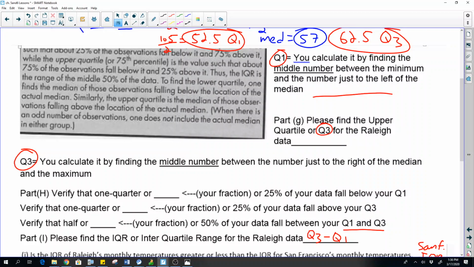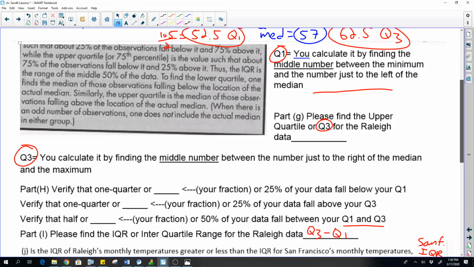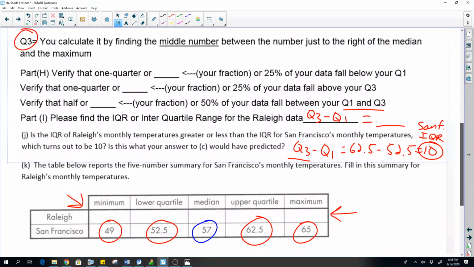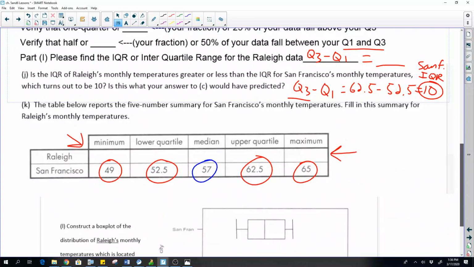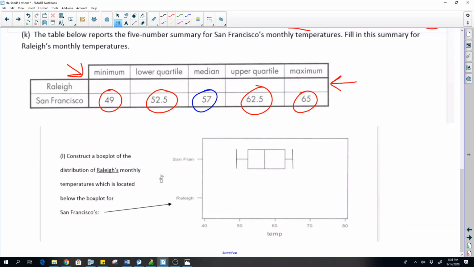Then plug them into the formula and let us know what you get for the IQR for Raleigh. Put upper quartile, lower quartile, median, minimum, maximum in the boxes. San Francisco's box plot is already done for you, so you just need to do Raleigh's box plot, and then you've got it made.